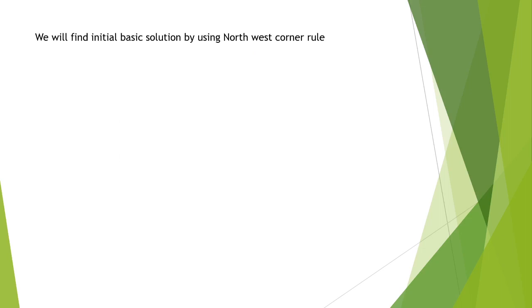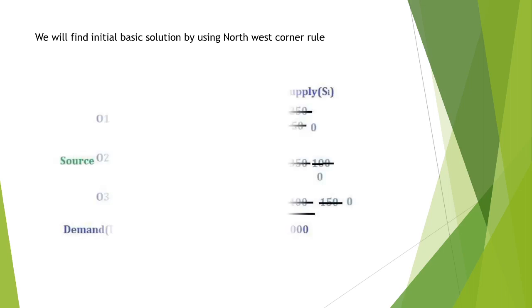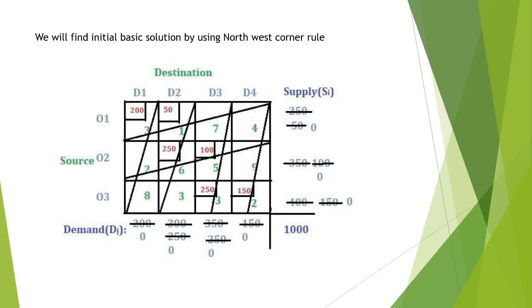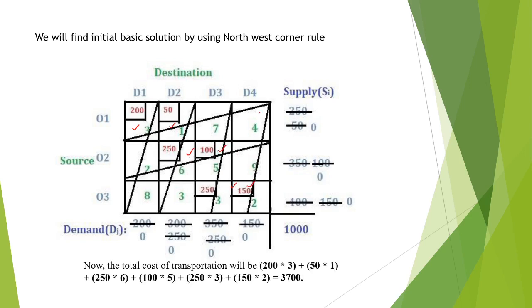Now we will find the initial basic feasible solution by using the northwest corner rule, which we already discussed. This is the initial basic feasible solution by using northwest corner, and these are the allocated cells.